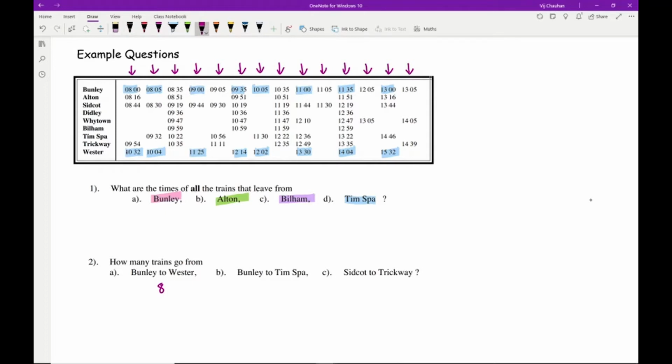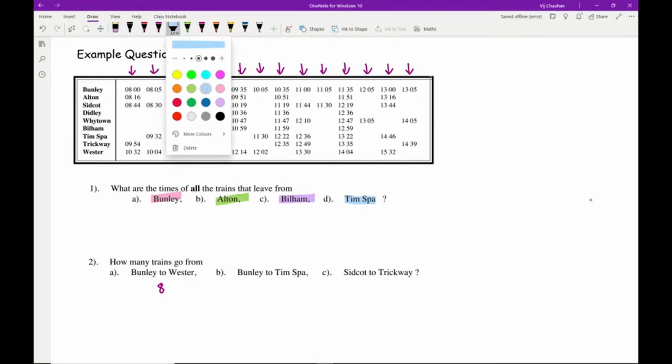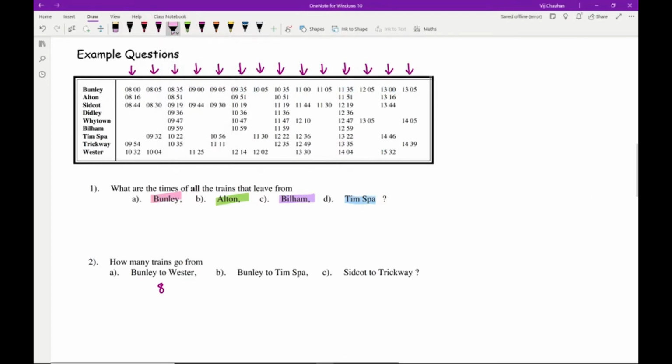So let me just get rid of these highlighters so we're not getting confused, and let's go for a different colour. There we go. So here we're going from Burnley to Tim Spa. So the first train goes to Burnley. Well, all of them start from Burnley, but that one doesn't go to Tim Spa, so it doesn't include this one.